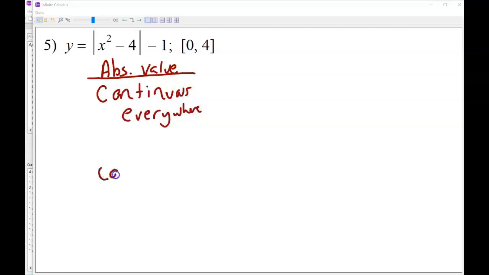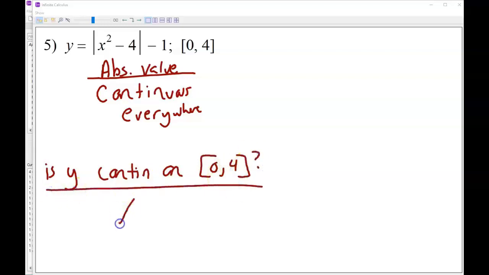So, to answer the question, is y continuous on our closed interval 0, 4? The answer, therefore, would have to be yes.